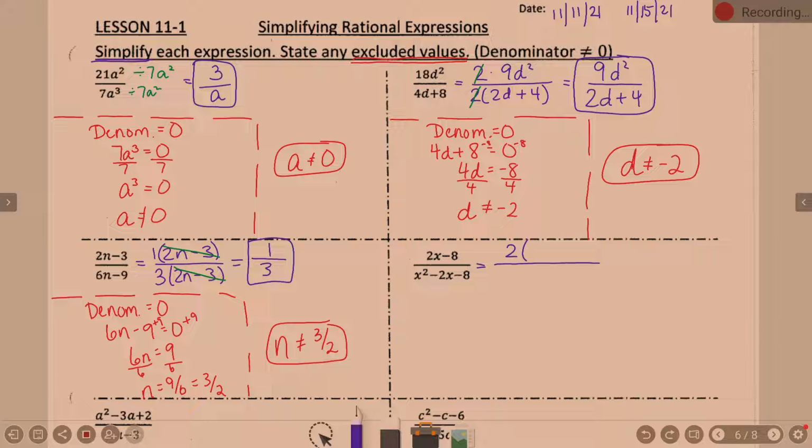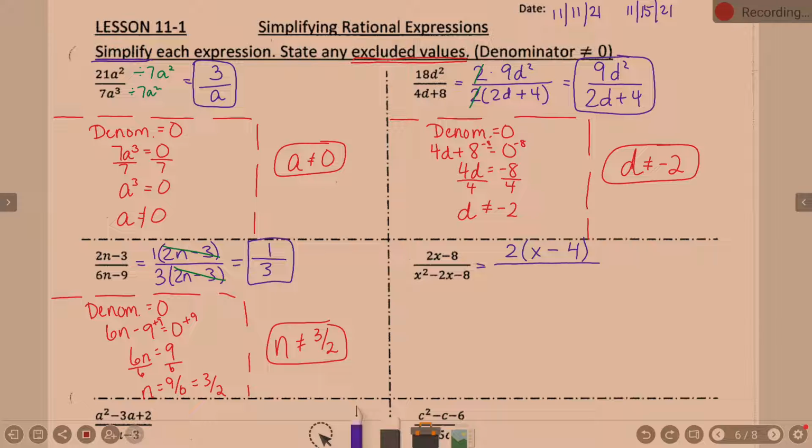What's 2x when you divide out 2? 1x minus, what's 8 when you divide out 2? 4. So are we okay with the numerator? Factor out the 2, it becomes 2 times x minus 4. Yes.